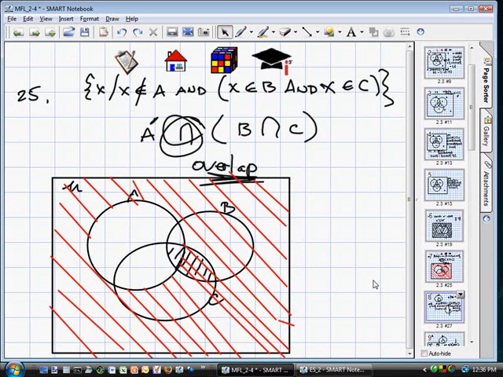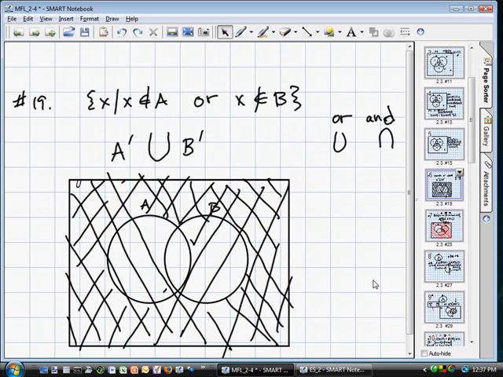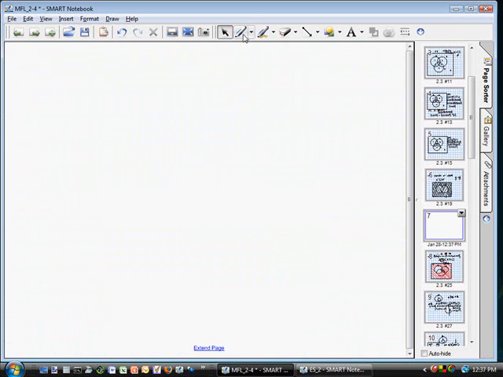21. That one I don't have, so we'll just do it. Okay, 21. X is such that X is an element of A. And, I'm just going to write the little cheat thing below, and means intersection.